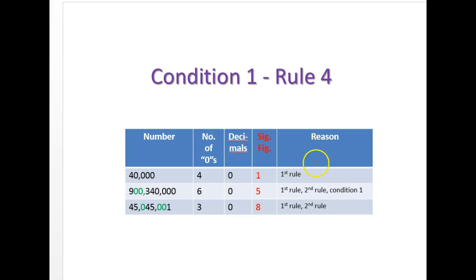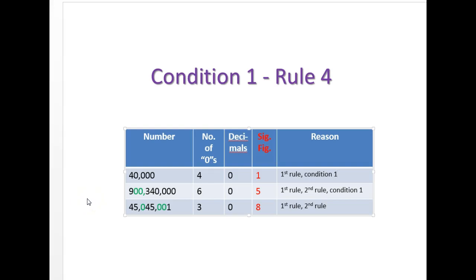So it's rule number 1 that says that all non-zero numbers are significant. But I have to put condition 1 also, because condition 1 applies in this particular case. For the other number, notice that I have put these two zeros in a different color, indicating that they are significant.